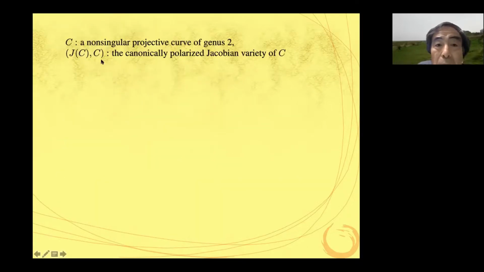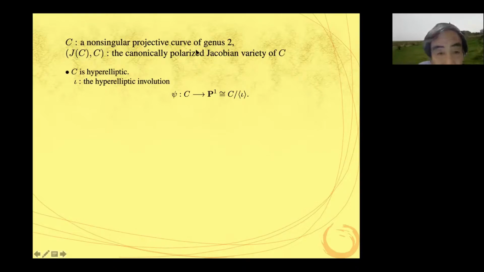Now see a non-singular projective curve C of genus 2, its Jacobian variety, and the canonical polarization of this Jacobian variety. Curve C is of genus 2, so C is hyperelliptic, and we have the hyperelliptic involution, and the quotient by the hyperelliptic involution is isomorphic to P1.